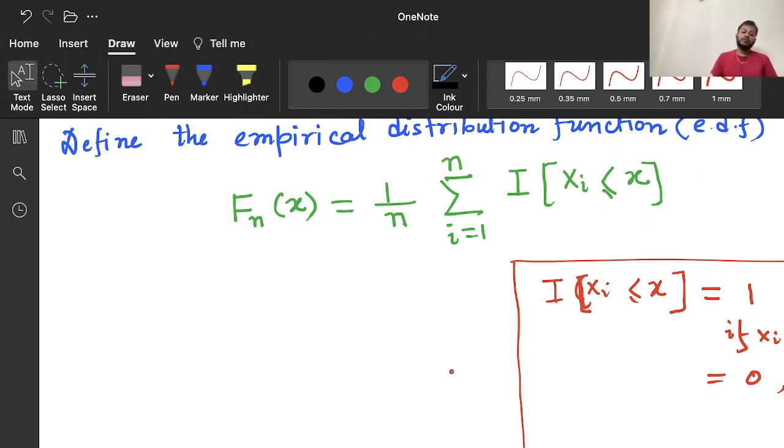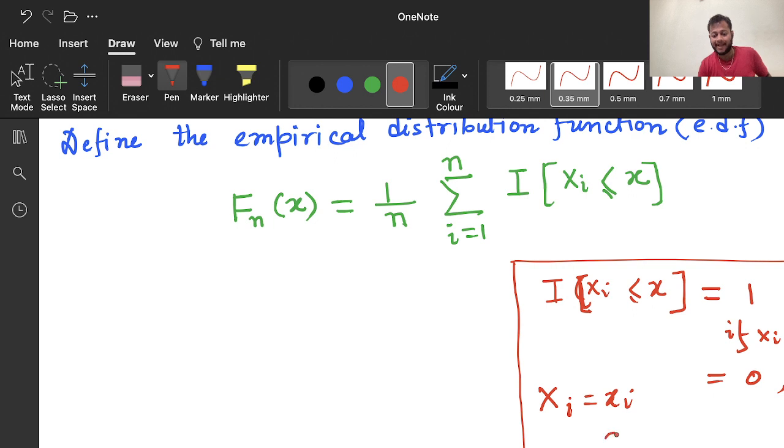You observe a set of data. Suppose you realize a value X_i equal to small x_i, and that small x_i is less than some predefined value x.